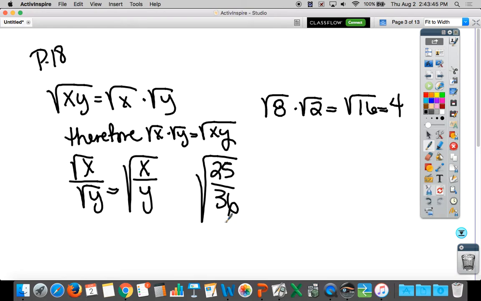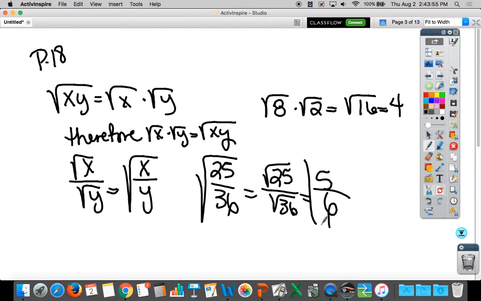But if you separated it out as the square root of 25 divided by the square root of 36, what's the square root of 25? And the square root of 36? Okay, so they can be multiplied. A whole fraction can be split apart.